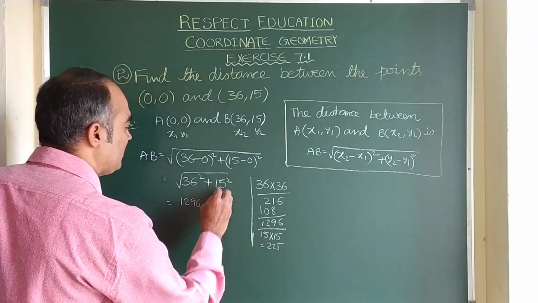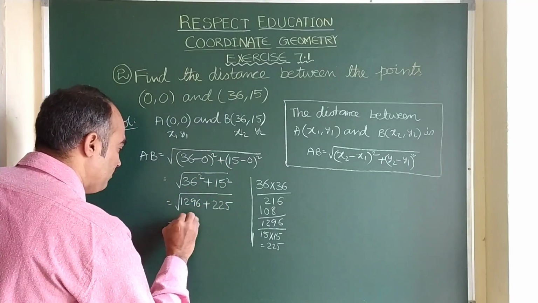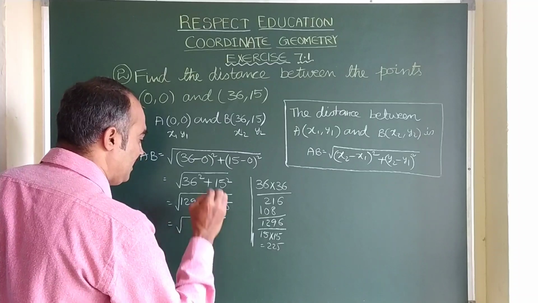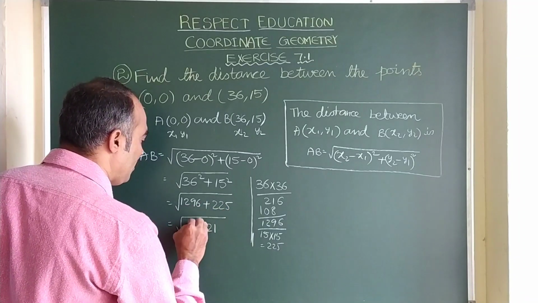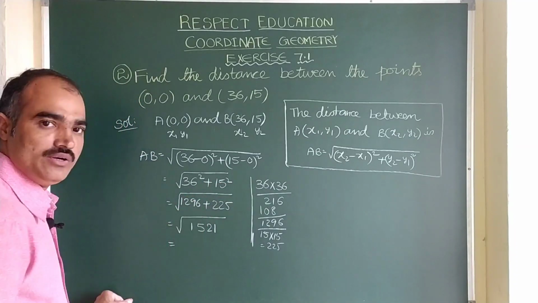So let us write 15 square as 225. Right? When we add them, 5 plus 6 is 11, here 1, this is 10, 10 plus 2 is 12, here 1, this is 5, 1521. So we need to find the square root of 1521.